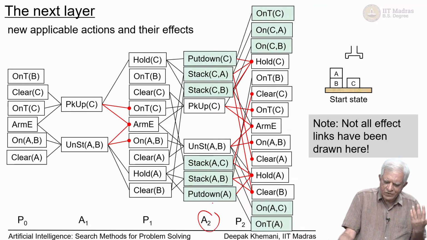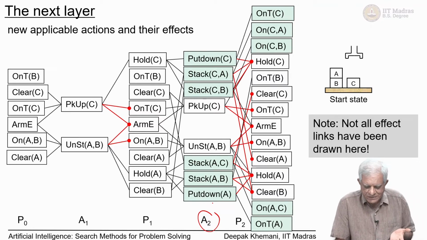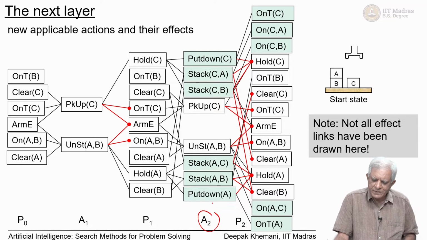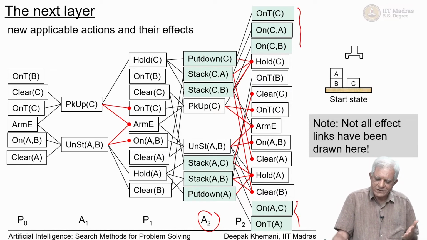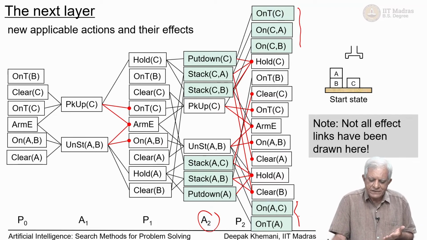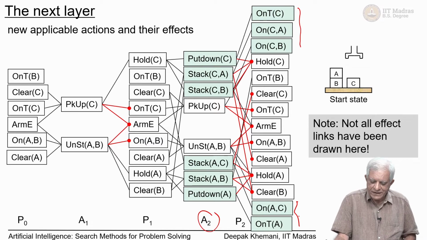Because you are holding C, you can put it down or stack it onto A, or stack it onto B. Likewise, because you are holding A, you can do the same thing with A: put it down or stack it onto something. Because of this, new propositions get added to the proposition layer. So the proposition layer will grow and the action layer will also grow. We have not drawn all the effect links because that would clutter up the diagram.